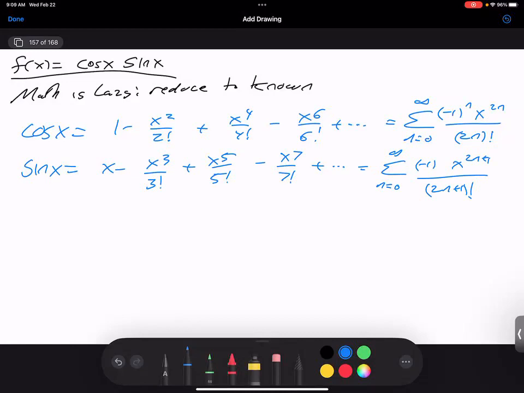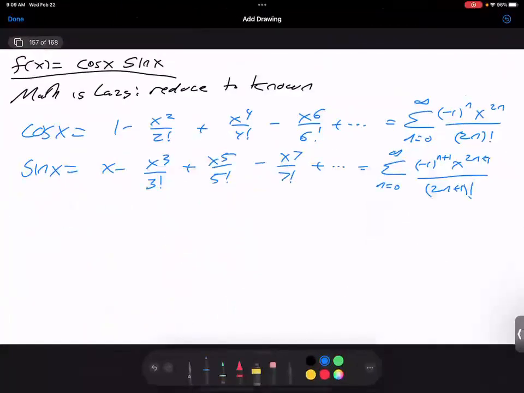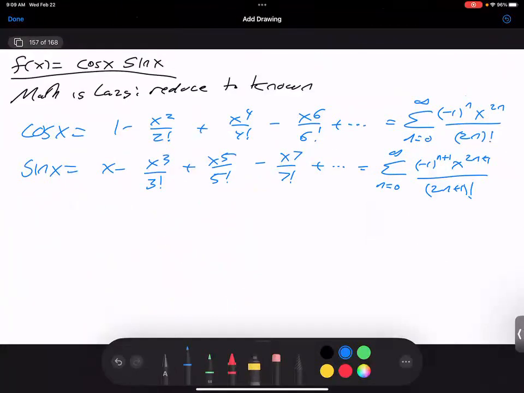When the power of x is 1, I want a positive sign. So I want -1 to the n plus 1. Note when n equals 0, the power of x will be x to the 1st, good. I'll have a 1 factorial down below, and I want the sign to be +1. So -1 to the n plus 1 works. Could I have done -1 to the n minus 1? Yeah, that would have been fine. So here's my expansion for sine of x.